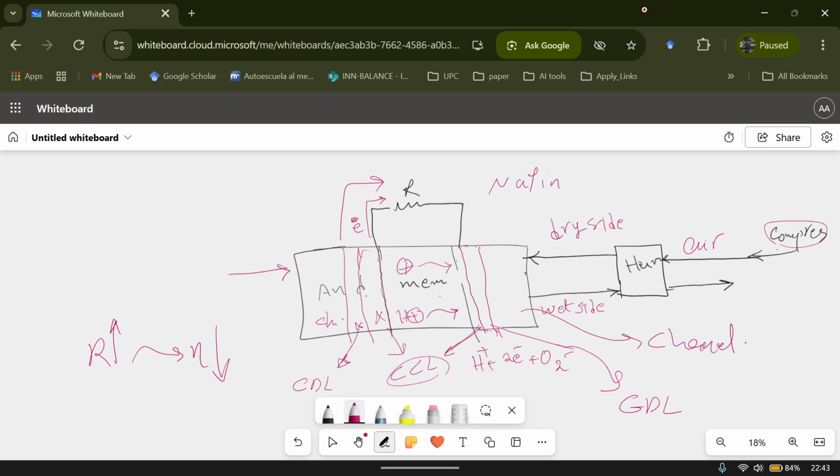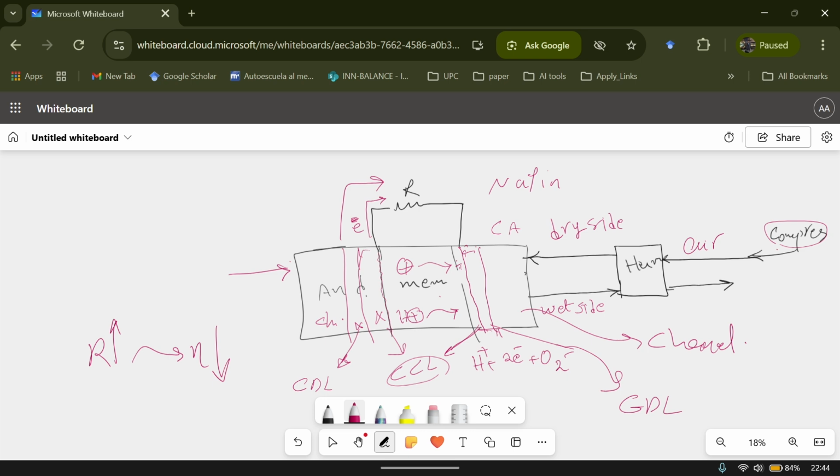Normally the gases pass through the gas diffusion layer and reach the catalyst layer to participate in the reaction in both sides, the anode side and the cathode side. So if there is flooding in the stack, the pores of the gas diffusion layer will be blocked by the water, and it prevents the hydrogen or the oxygen from reaching the catalyst layer and participating in the reaction.